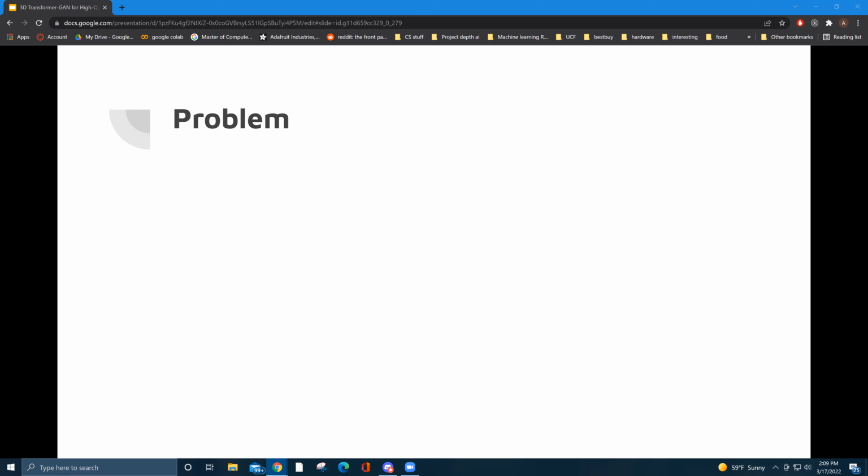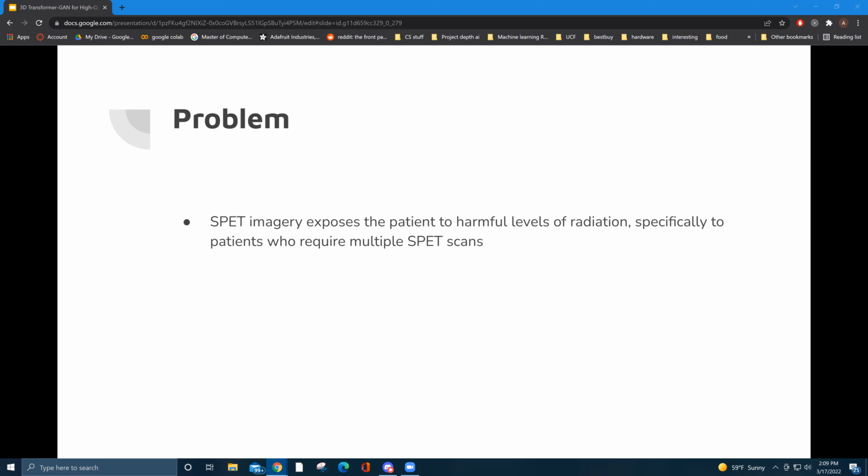And so the problem at hand is that SPET imagery exposes the patient to harmful levels of radiation, specifically patients who need multiple scans, say they have an ongoing problem. This radiation, if used too often, can be very harmful to a patient.